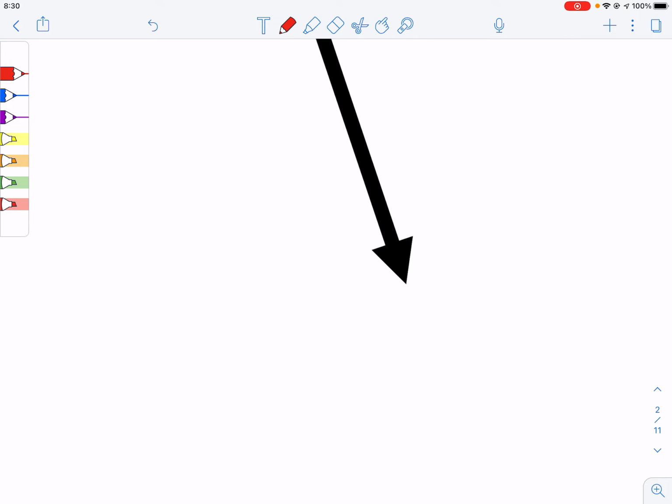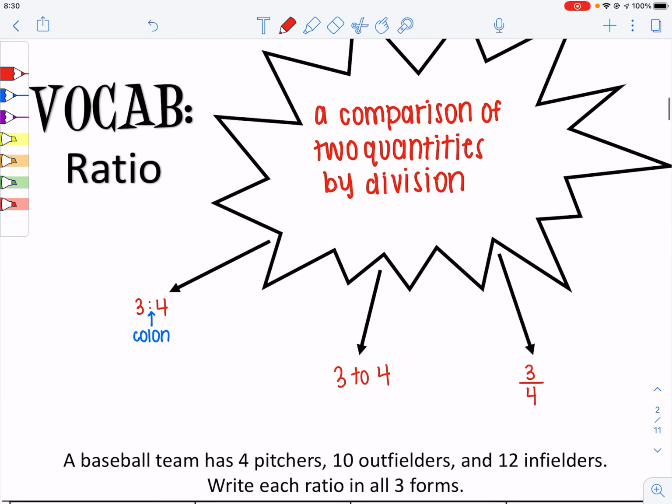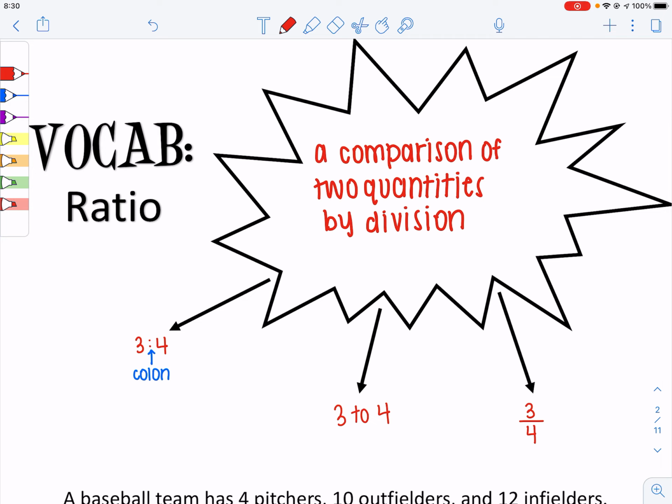The last way that you can write a ratio, and this is going to be our most common way of writing it, is how we will see a lot of our ratios and our rates. Another common way to write it is as a fraction. So we have three ways: you can use a colon, you can use the word "to" in the middle, and you can write it as a fraction. Sometimes I'll ask you to write it all three ways, sometimes I might say just write it as a fraction.